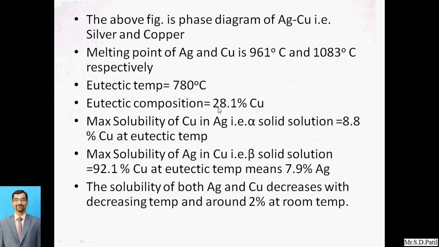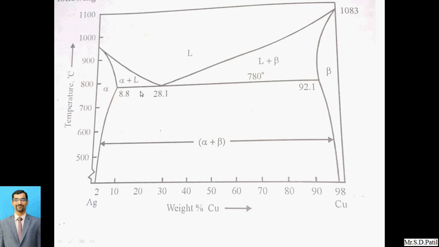Now the eutectic composition, that is 28.1 percentage of Cu. So what is the eutectic composition? 28.1% Cu means 71.9% silver. So the eutectic temperature is 780 degrees Celsius.